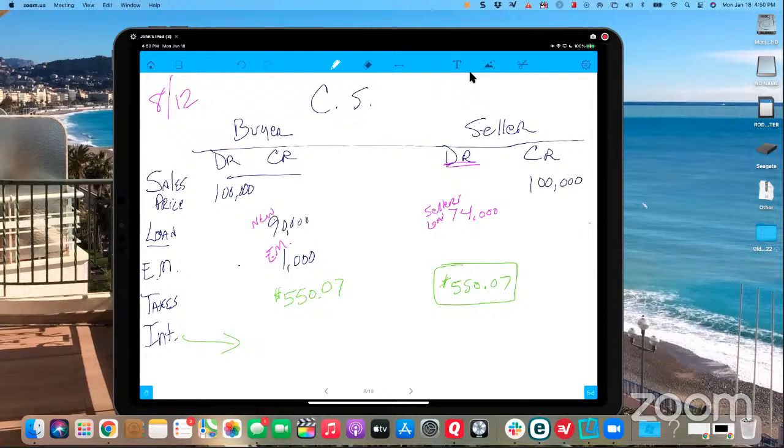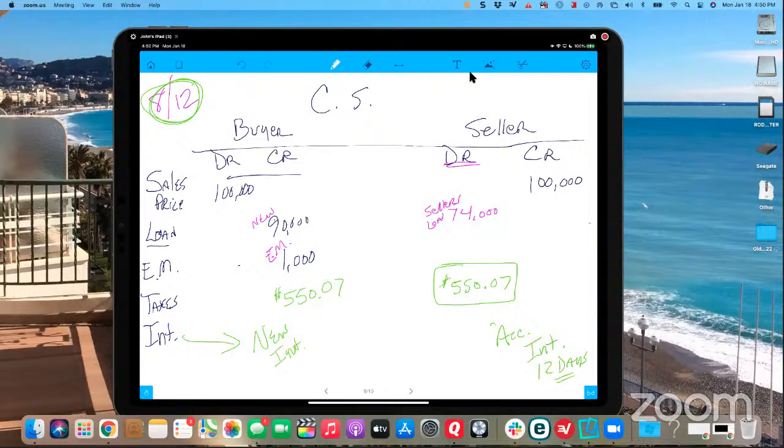But you need to know how to calculate the interest on the new loan, which is very easy. And the seller is going to have what we call accrued interest on their existing loan. So since we're closing on the 12th, the seller is going to have 12 days of interest that needs to be reported on the closing statement.